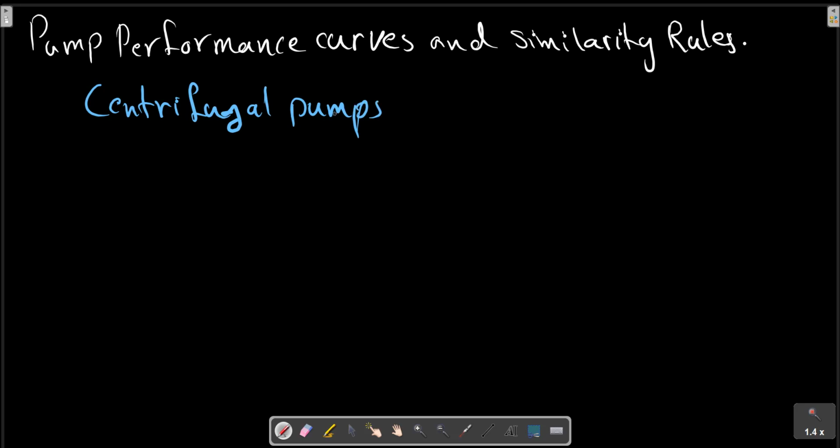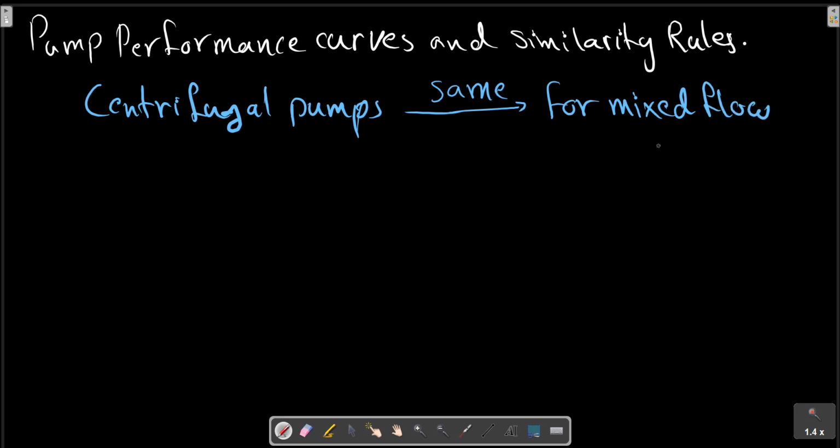The general principles and the presentation of data are exactly the same for mixed flow and axial flow pumps and compressors.